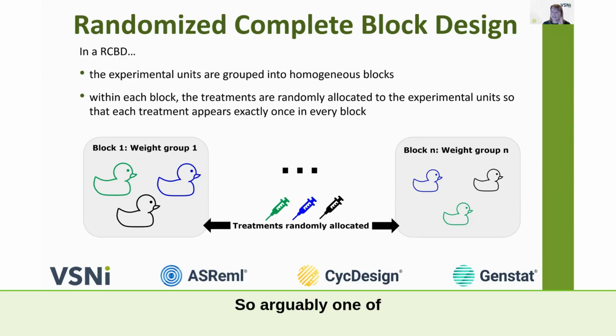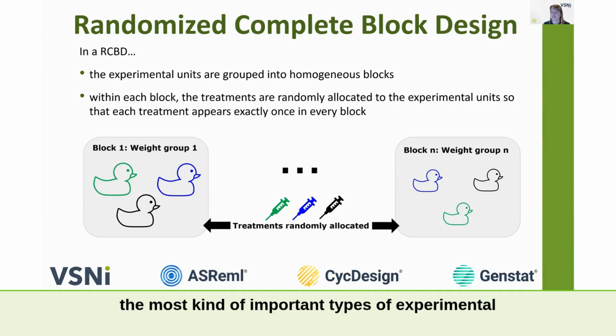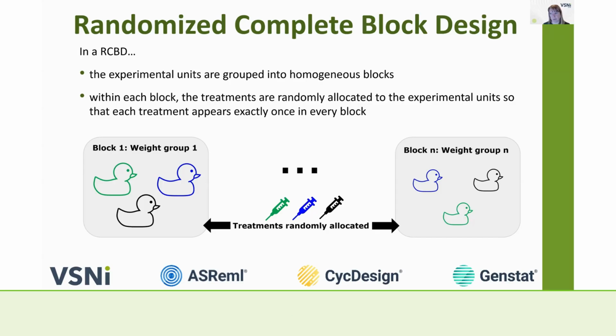So arguably, one of the most important types of experimental design is the randomized complete block design. In this design, experimental units are grouped into homogeneous blocks, and within each block, the treatments are randomly allocated to the experimental units so that each treatment occurs exactly once in every block.